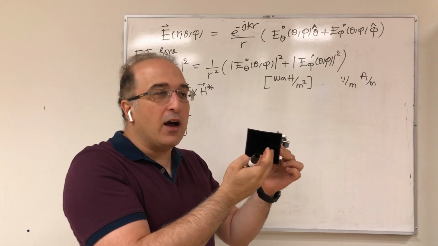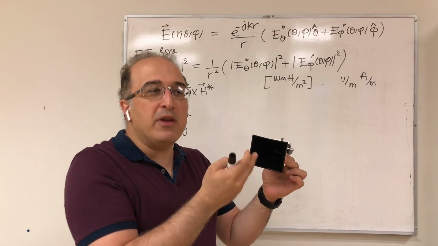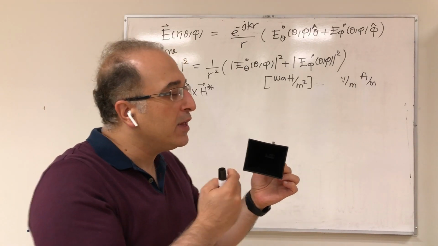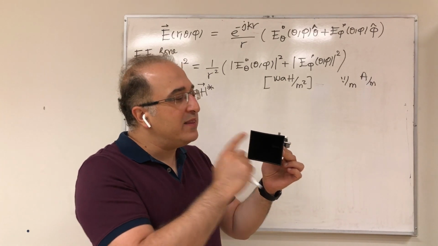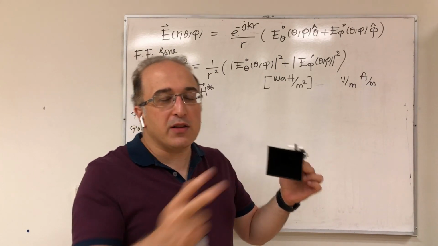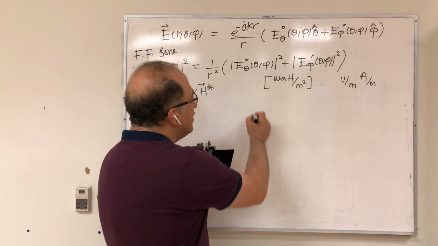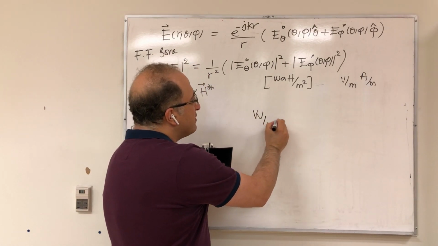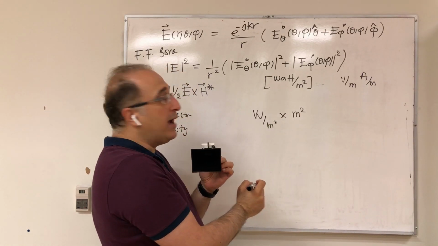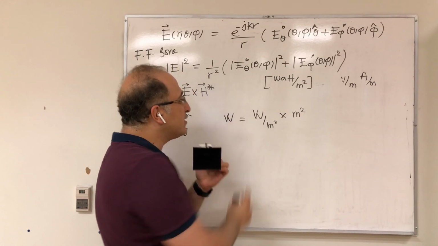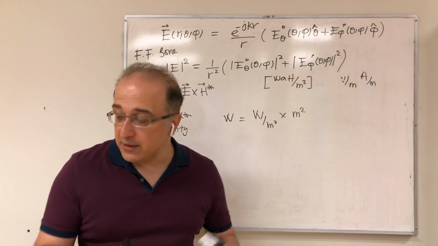Maybe it would be the effective form of this area, but for simplicity, just assume the physical area for now. When the physical area is multiplied by the power density, watt per meter squared multiplied by the area of the antenna, that gives the watts that the antenna is going to receive.